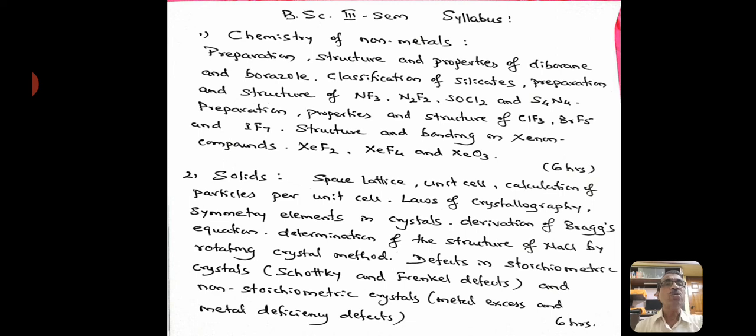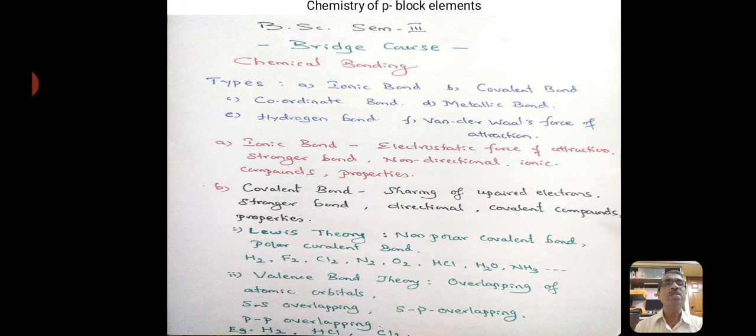Before we start with this particular syllabus, let us study the bridge course, because this chemistry of nonmetals basically deals with structure and bonding. In your previous second semester, you have studied chemical bonding.